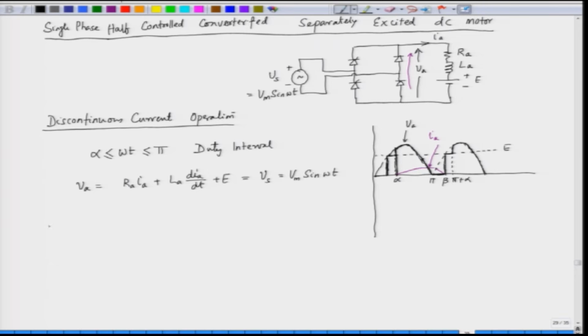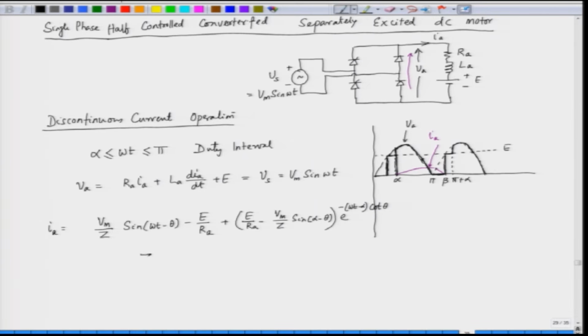We can write down the equation: I A is equal to V m by Z into sine of omega t minus theta, minus E by R A, minus V m by Z sin of alpha minus theta, into exponential of minus omega t minus alpha into cot theta.